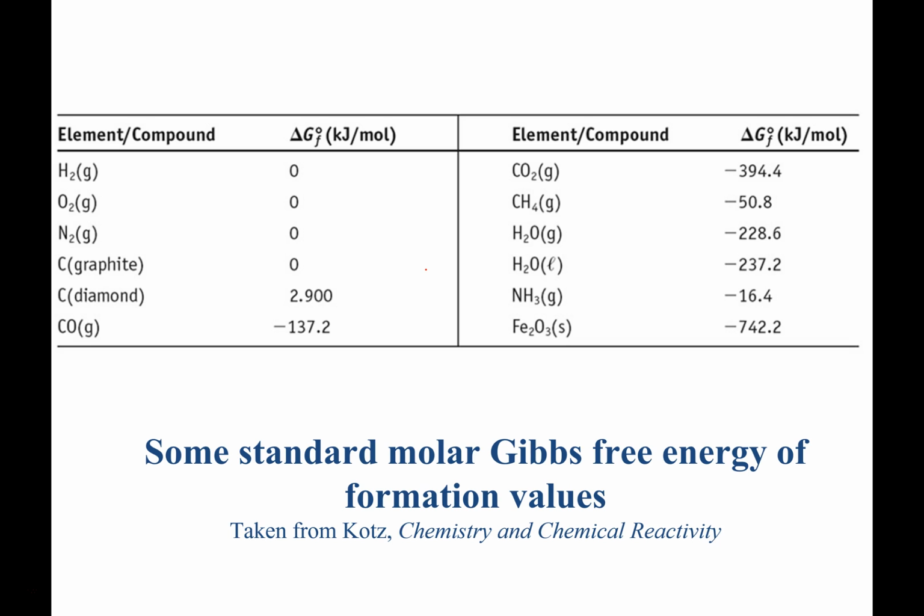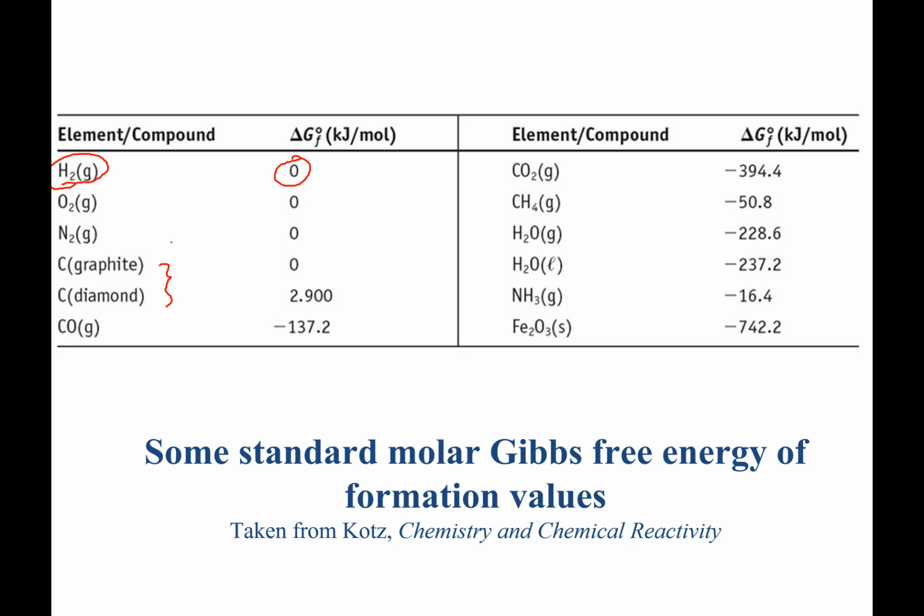So case in point, like hydrogen gas. Well, hydrogen anyway, at 25 degrees Celsius is a gas, okay? And so notice its Gibbs free energy of formation is 0. Check this out down here though. Do you remember we call them allotropes?